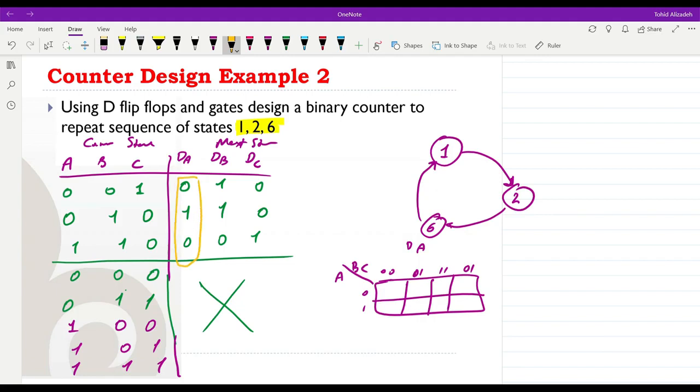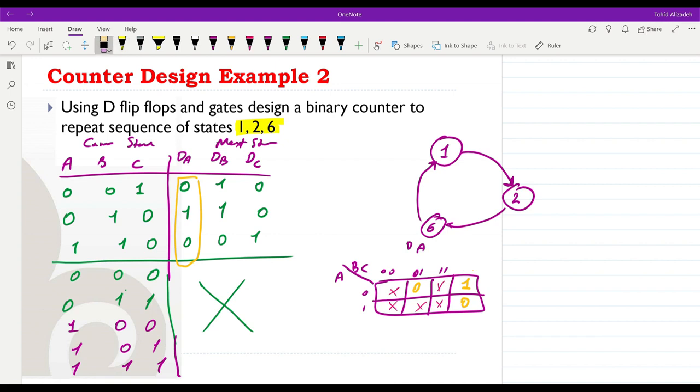So 0, 0, 1 will give us 0, 0, 1, 0 will give us 1, and 1, 1, 0 will give us 0. And the rest are don't cares.